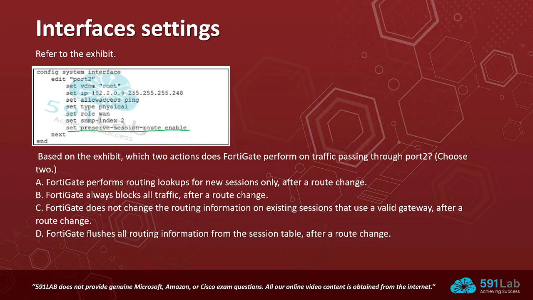For example, FortiGate performs routing lookup for new sessions only after a route change. So the old sessions will remain with the same routing information, but the new ones will take the change. That command is appropriate for voice. For me, this one is correct.